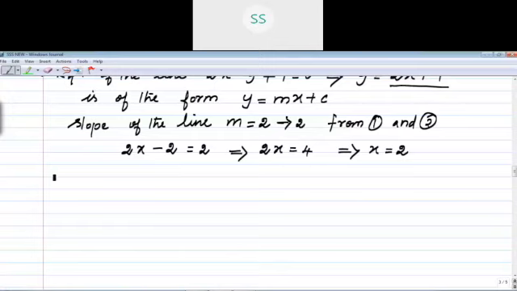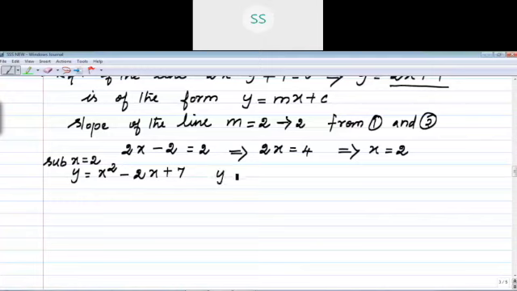Now, I want y, right? Then you substitute in the given curve equation. What is your y? y is equal to x square minus 2x plus 7. This you know, when you differentiate, the constant will act as 0, right? Substitute x is equal to 2.